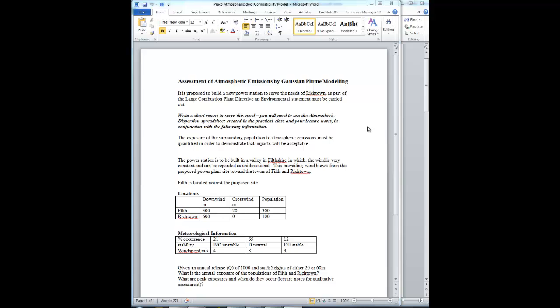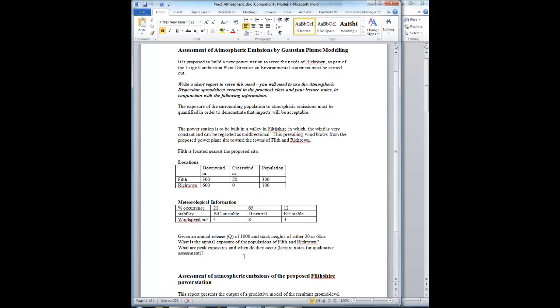You can return to some of these points when you get further into your report. The prevailing wind blows from the power station site towards the two towns of Filth and Richtown. You've got the locations of the towns, and you've got some meteorological information given to you, and then some detail of the annual release, and the height of the stack.